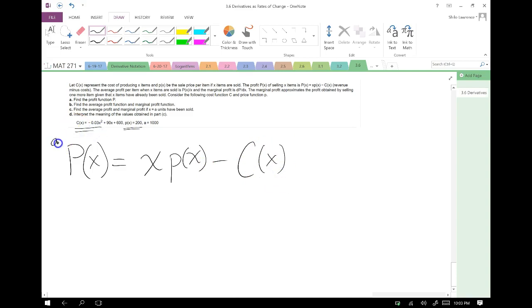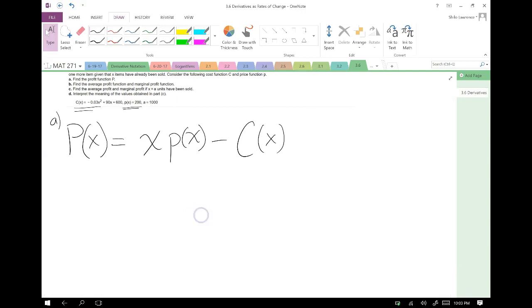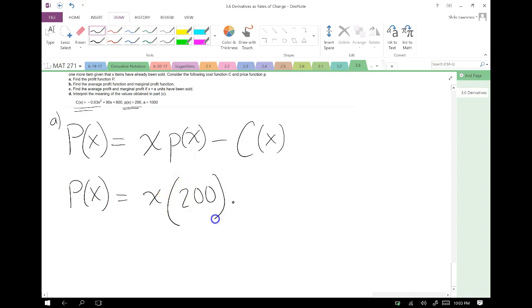So part A is just set up your function. So big P of X is X times 200 minus our cost function, which is negative 0.03x squared plus 90x plus 600.